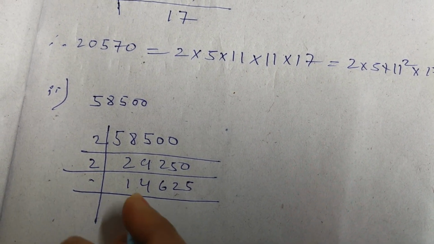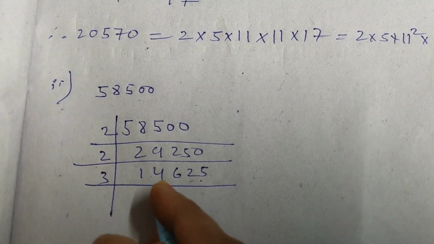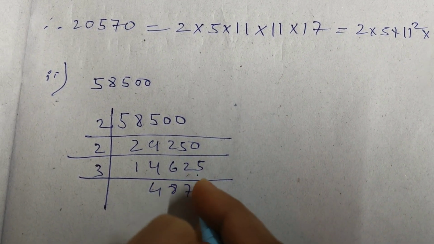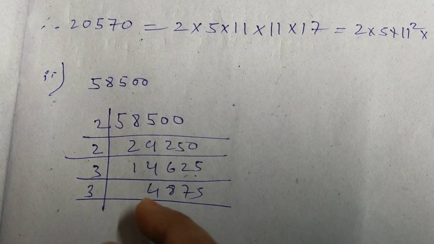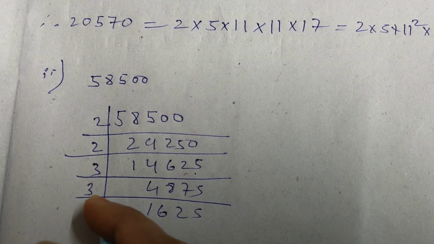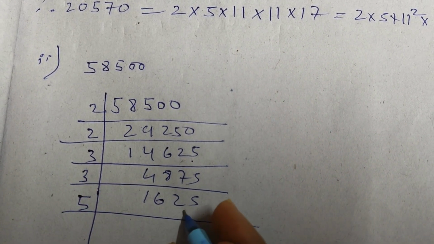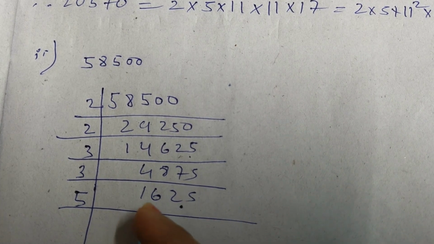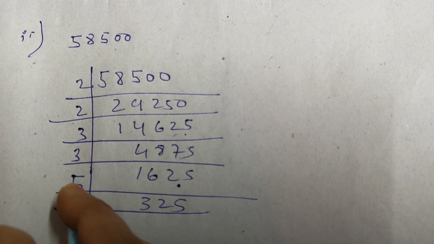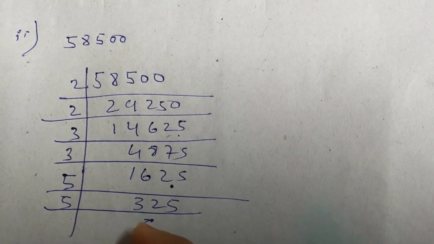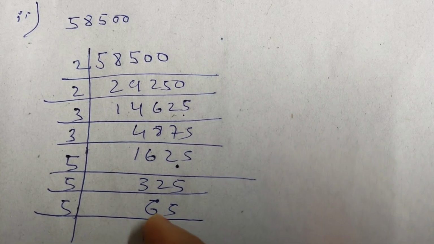It is not divisible by 2, then we take 3. We get 4875, then 1625. Now it is not divisible by 3, so we take 5. 325, then 65, then 13.